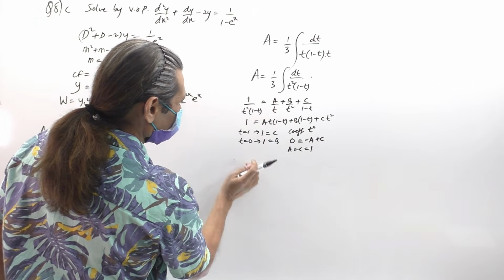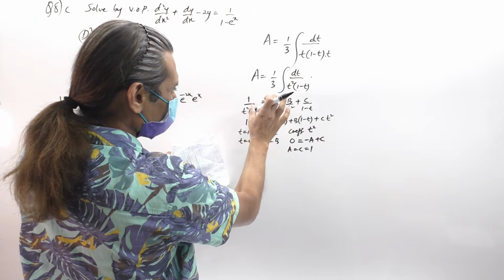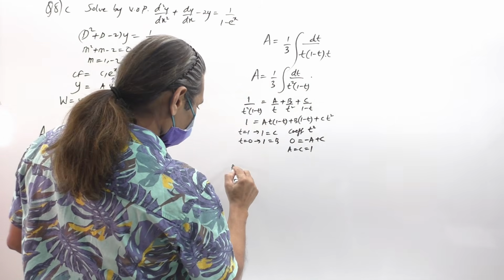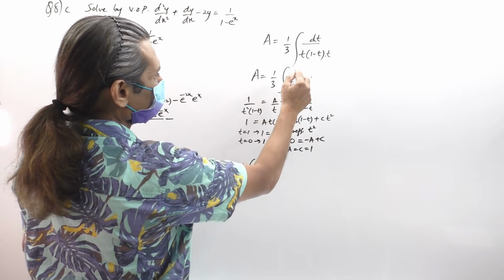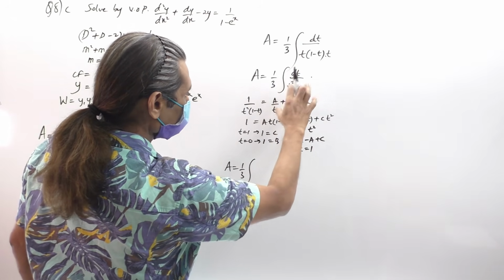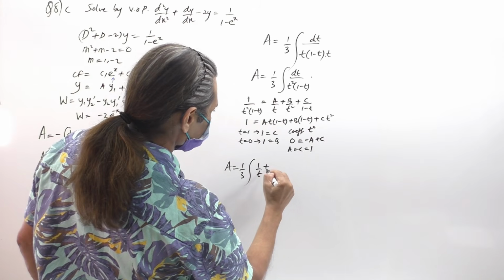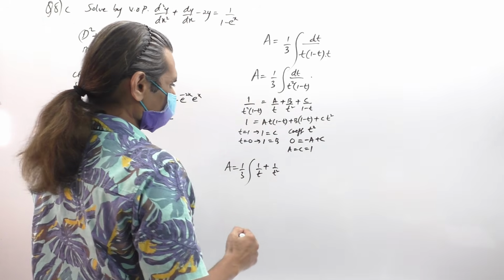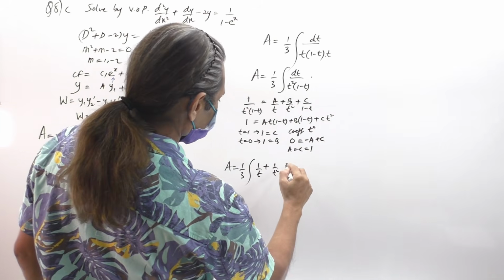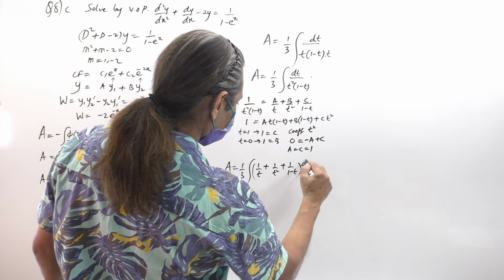So I'll find the integration. Therefore the solution is A is equal to 1 by 3 integration of a is 1 by t, plus b is 1 by t square, plus c is again 1 by 1 minus t, into dt.